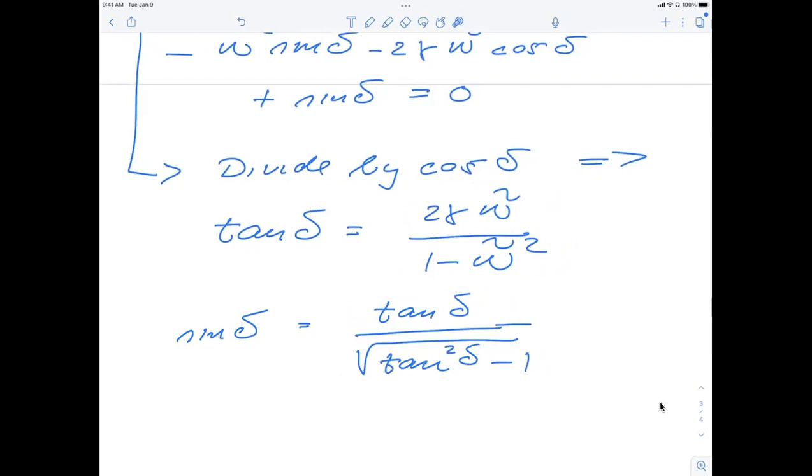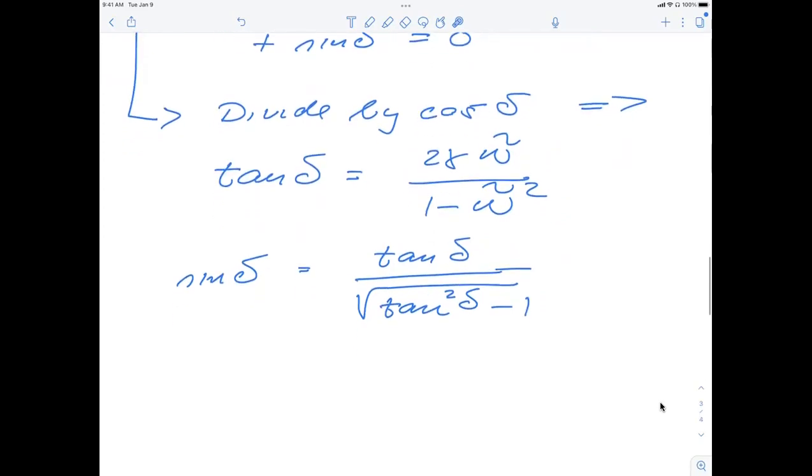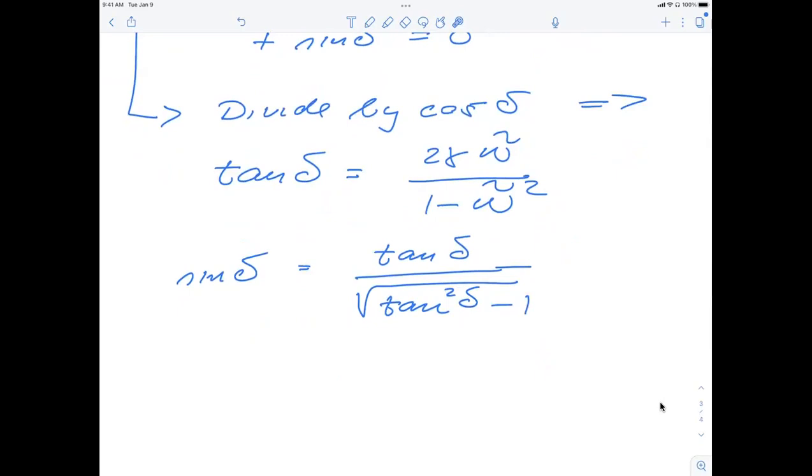Because we also know that cosine delta squared is 1 minus sine delta squared. So if I find sine delta, I can find cosine delta.